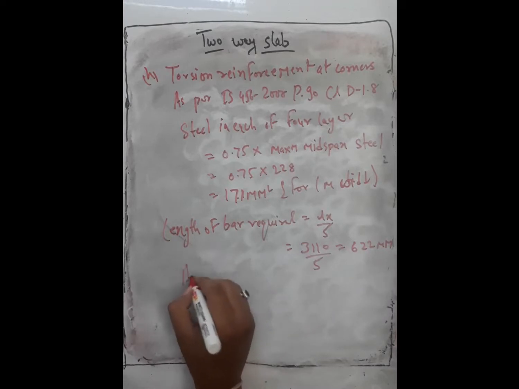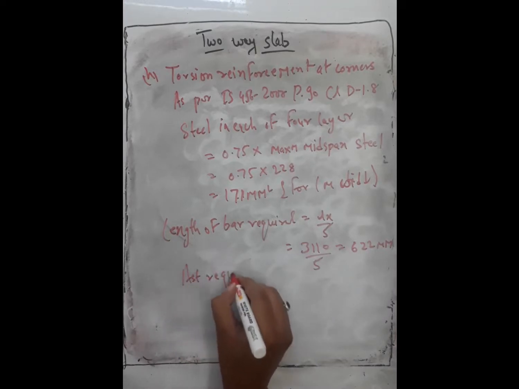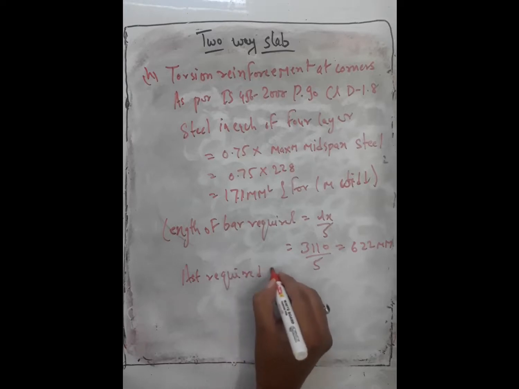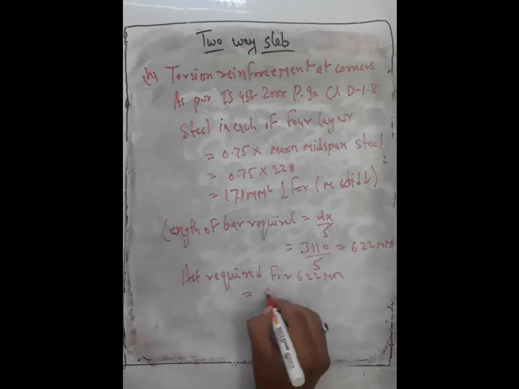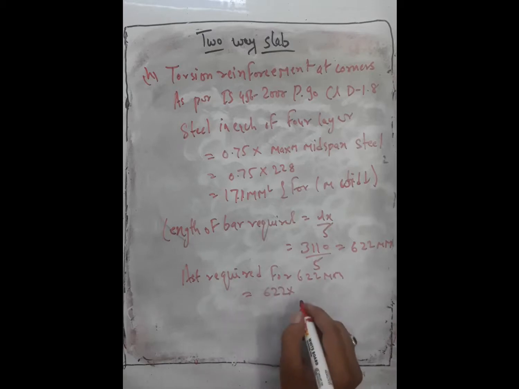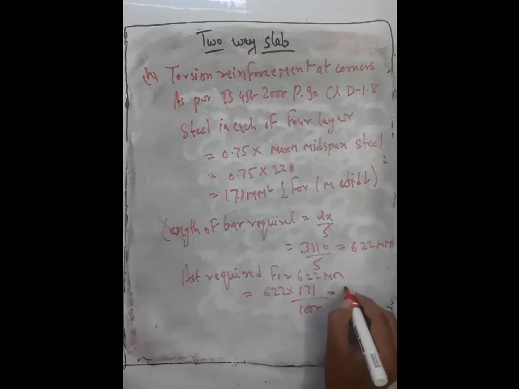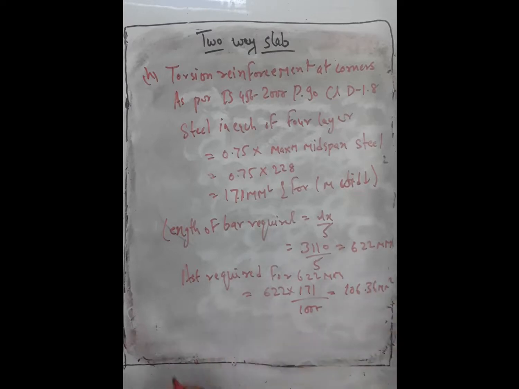So AST required for 622 mm. So 622 into 171 divided by 1000, you get 106.36 mm square.